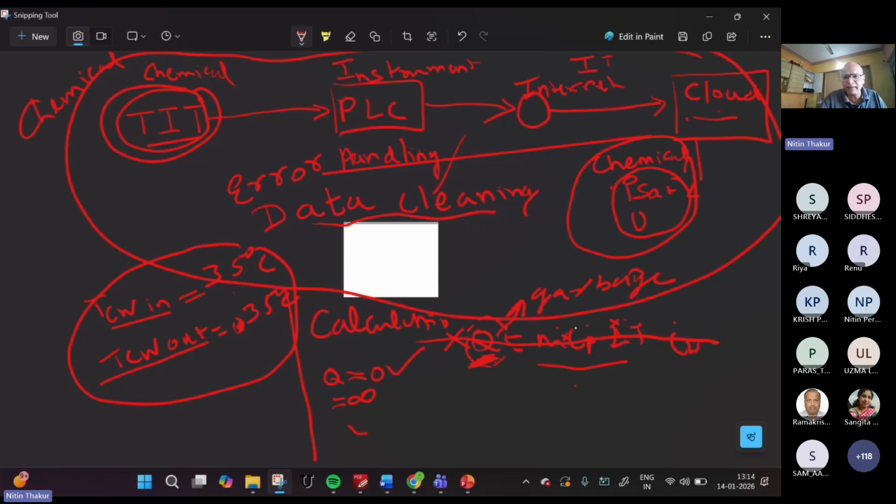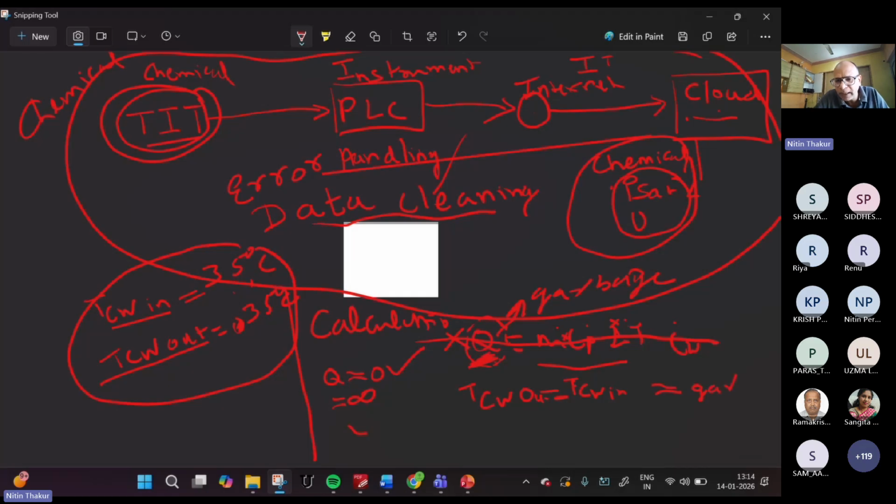Okay, so that is that. So what does a chemical engineer define? He defines to the programmer that cooling water out minus cooling water in, sorry, if cooling water out is equal to cooling water in, that's a garbage value.